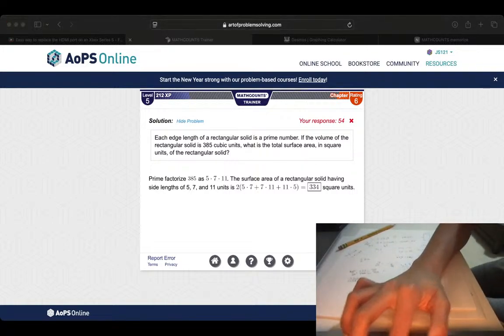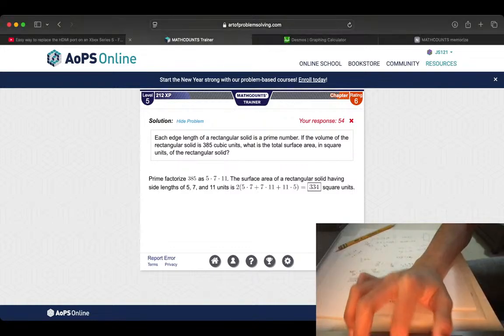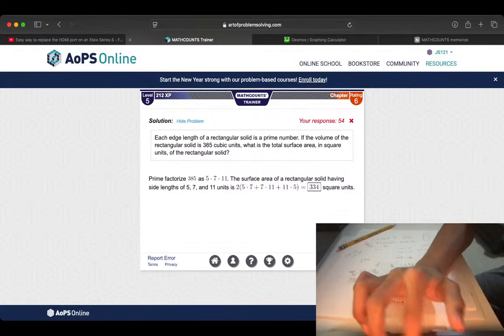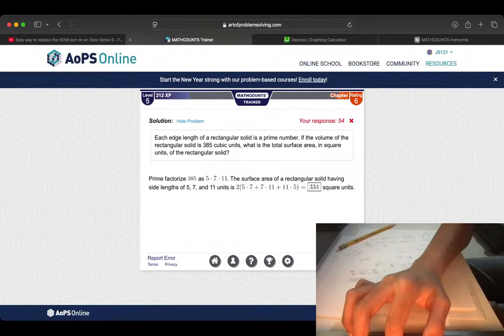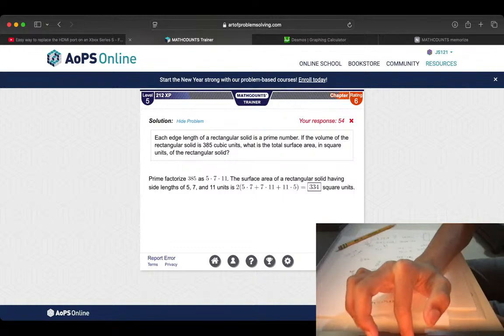OMG, prime factorization. I learned prime factorization, I just don't know when to use it.